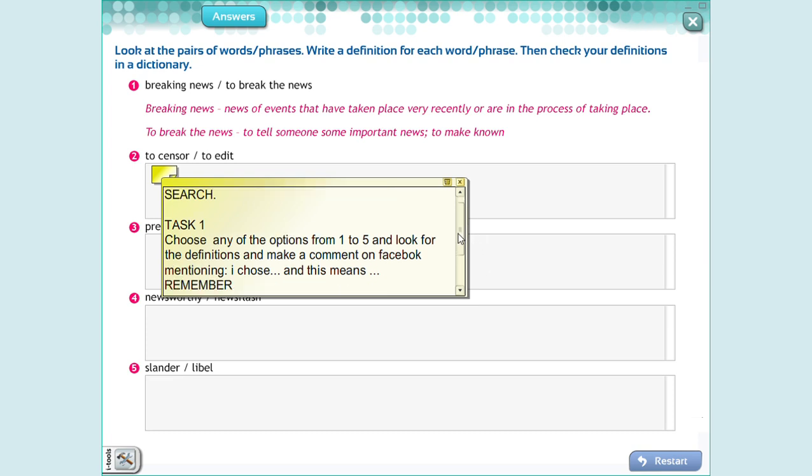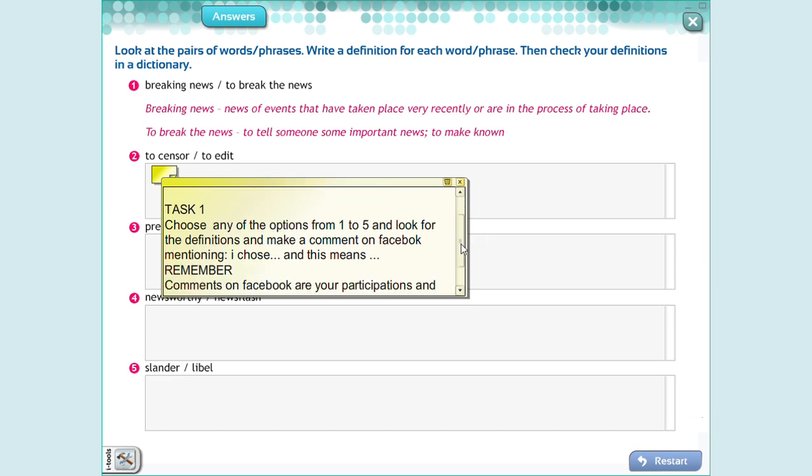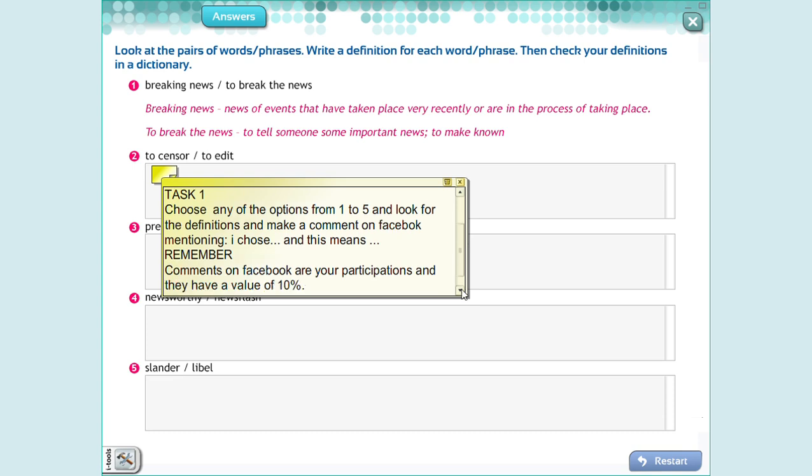But also, as a task you have to do right now, you have to choose any of the options from 2 to 5, not 1 please, and look for the definitions and make a comment on Facebook. Mentioning, for example, I choose breaking news. This means news or events that have taken place. So that's what you have to do.